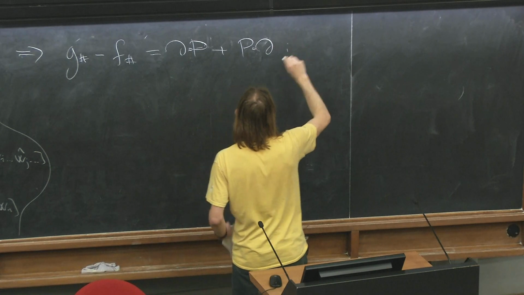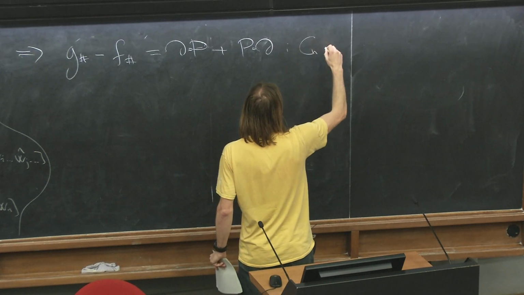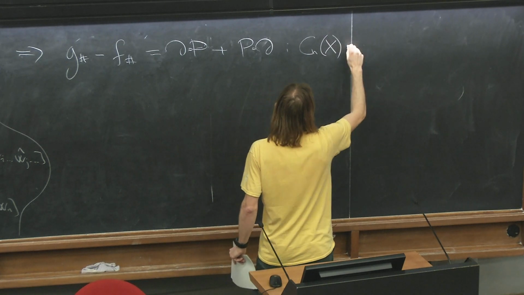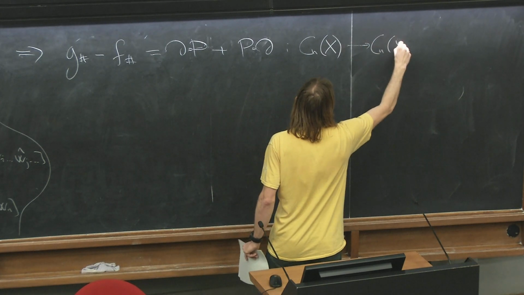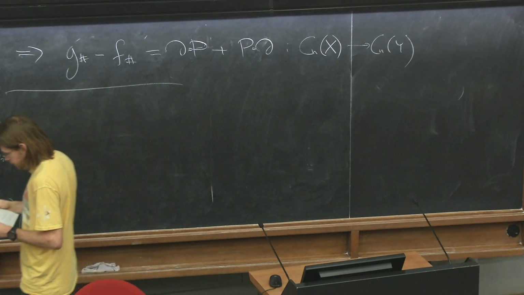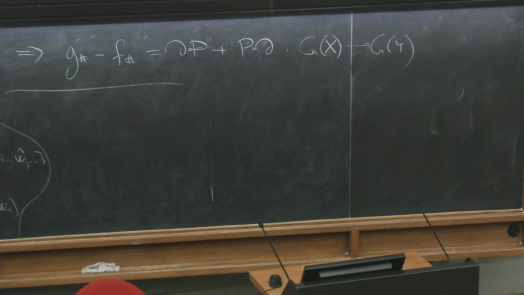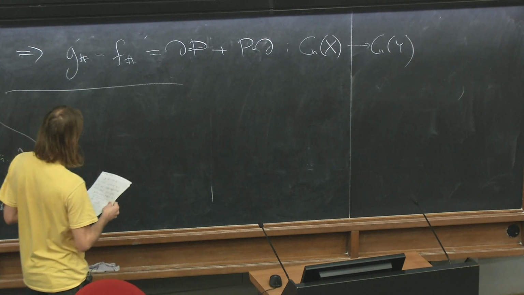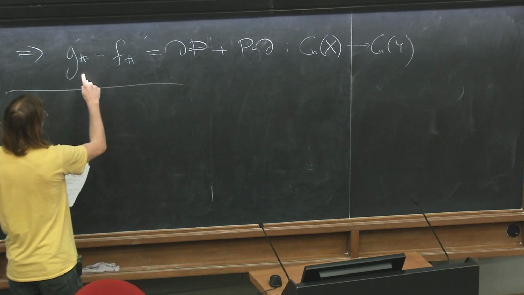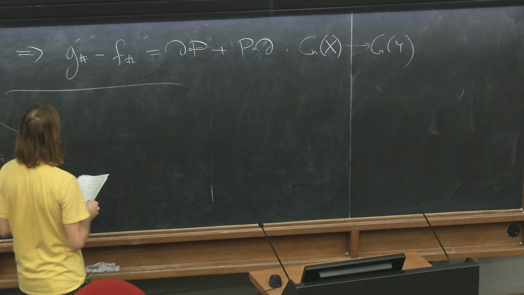This can be seen as an identity between homomorphisms from Cn of X to Cn of Y. And as already essentially shown last time, from this it immediately follows that the induced maps on the homology groups will be the same.